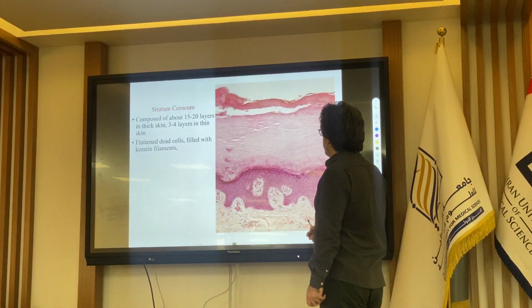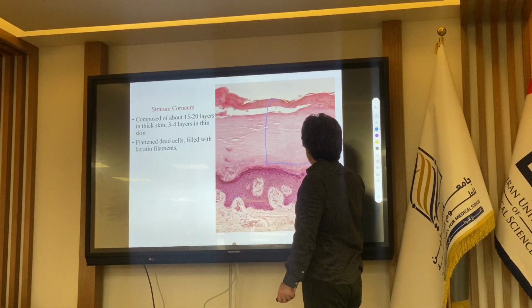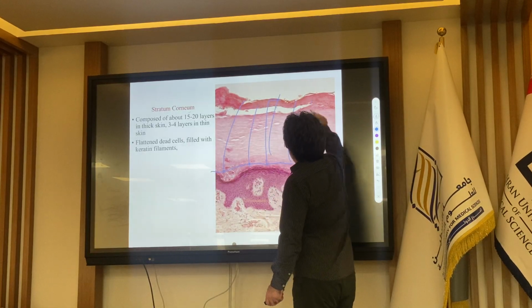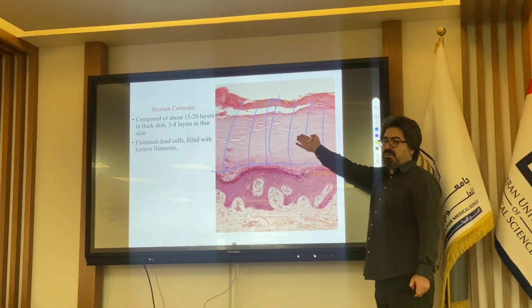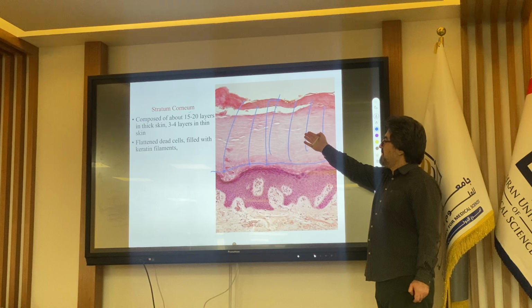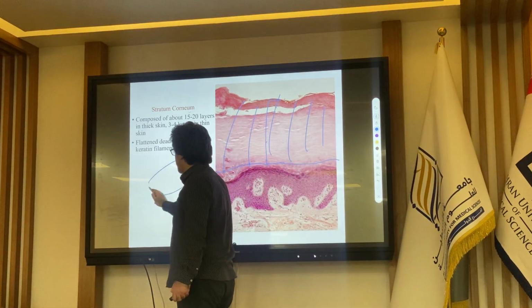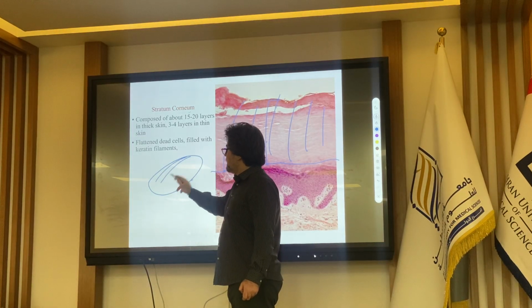The last layer, the stratum corneum. Look at this layer from the surface to this part. This layer is the stratum corneum. Cells here have no nuclei. Imagine that this is a cell. There is no nucleus and it is filled by keratin, fibrils and filaments.